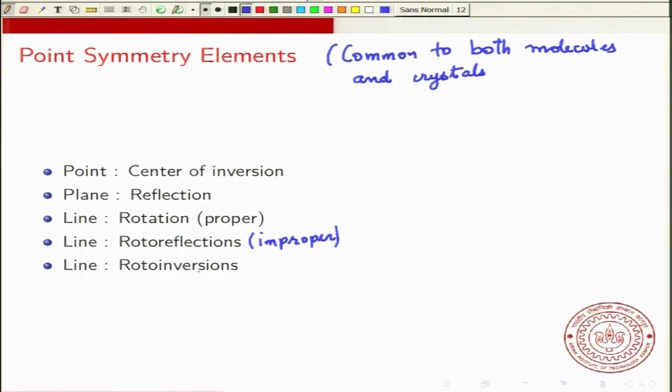Now, there are two notations that are used, and I will write them right here. The first is the notation for molecular group theory, which is due to a person called Schonflies.